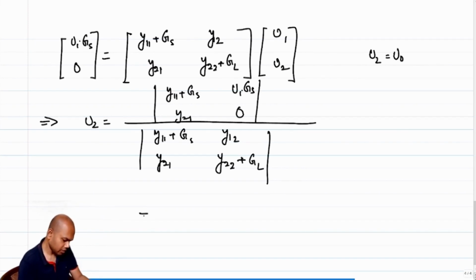If I expand these determinants, what do I get in the denominator?